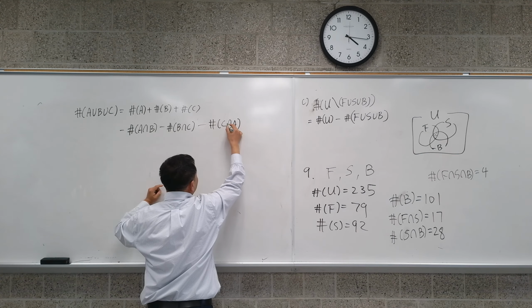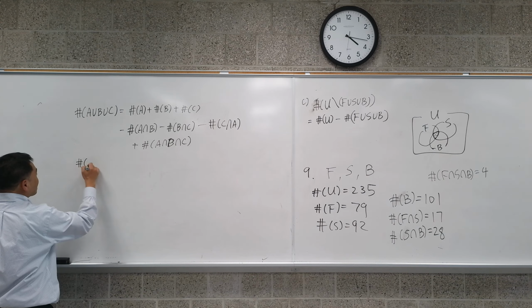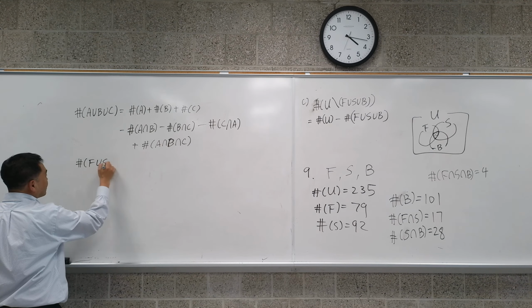But then if you do this, you've subtracted away the place that's overlapping from all three. That part completely disappears, so you have to put it back again. This is something that I proved in the last class, so hopefully this is okay. And we're basically doing this, but with F, S, and B. So let's use the above formula to find the number in the FSB.